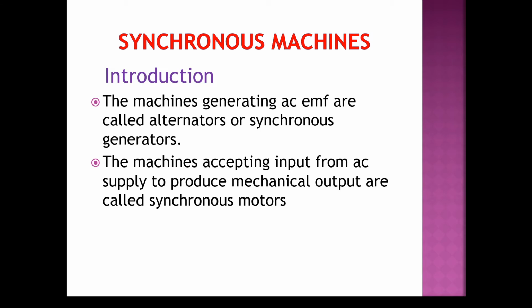A synchronous motor will take AC supply to produce the mechanical output. Both these machines will work at a specific constant speed called synchronous speed, and hence in general this combination of synchronous generator and synchronous motor is called synchronous machines. Okay, both together we can tell it as synchronous machine.